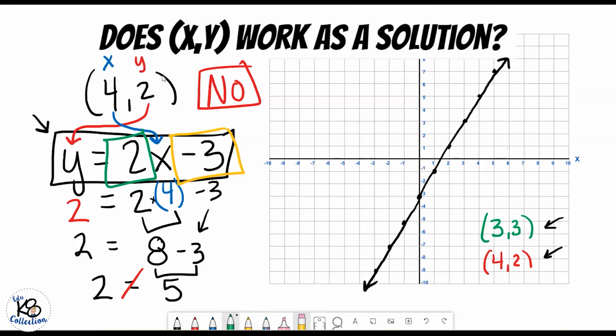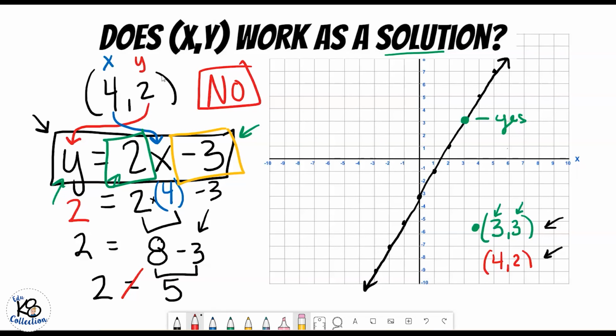Now I'm going to graph these 2 points. Let's put a dot at (3, 3). That's here, and you can see, yes, the coordinate point (3, 3) is on the line when we graph it from the equation. So we were correct in our calculations that (3, 3) is a solution to this equation. This is a value of x and a value of y that when plugged into the original equation keep it true.